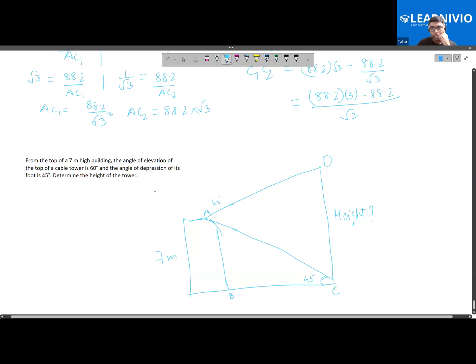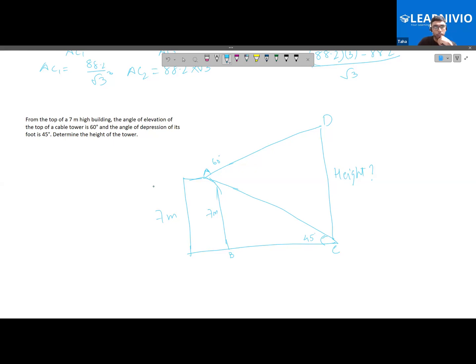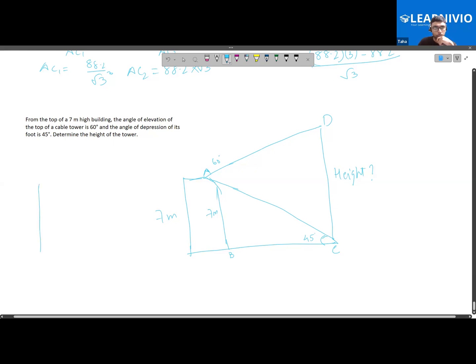All right. Is this diagram making sense? We need to find the height of the tower. We know that this is 7 meters. Let us try to simplify it.